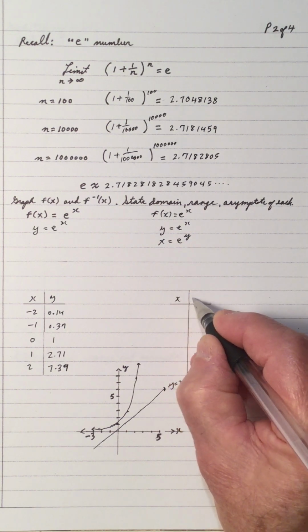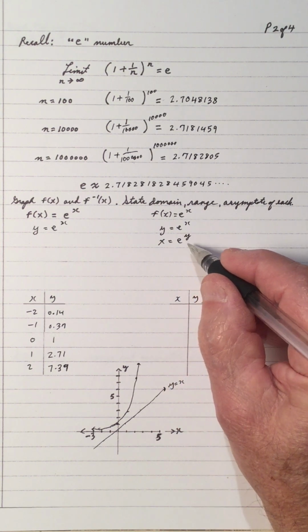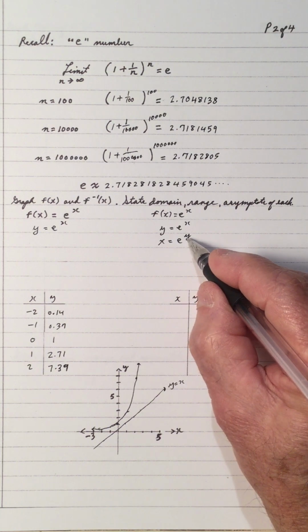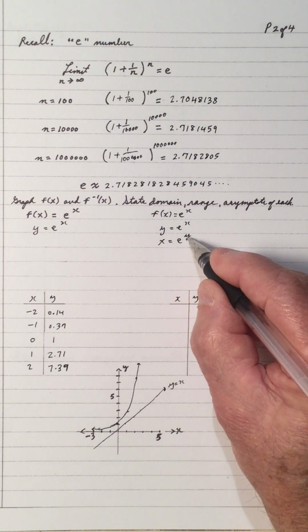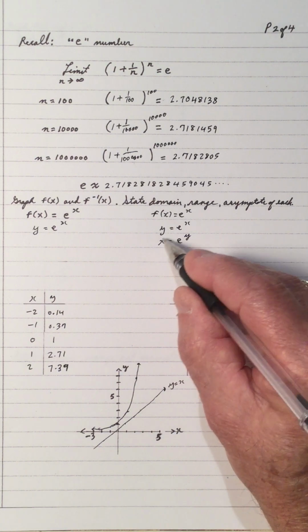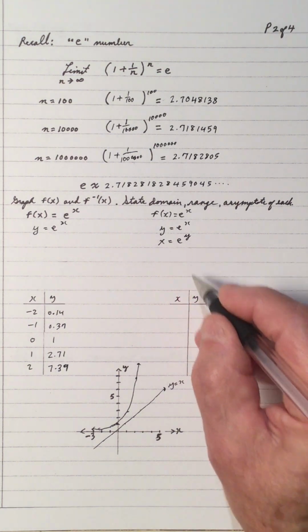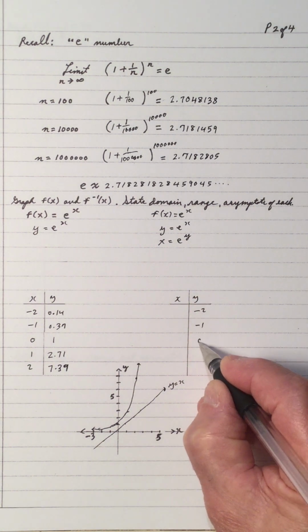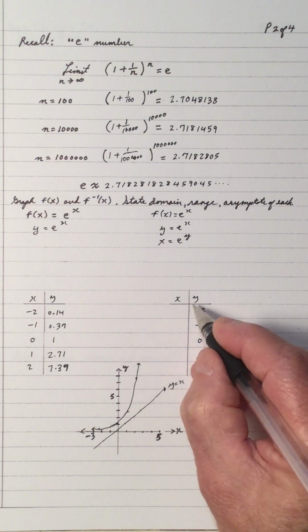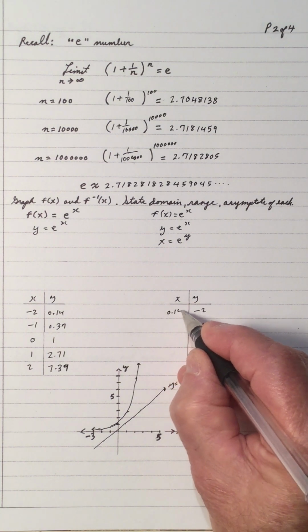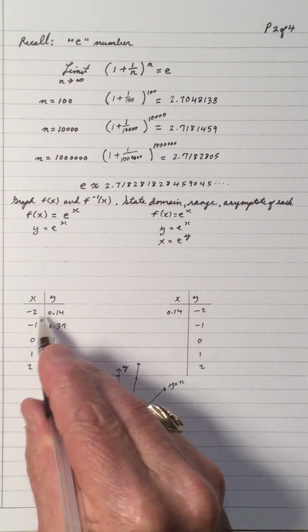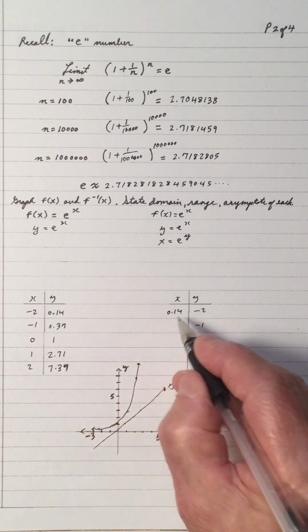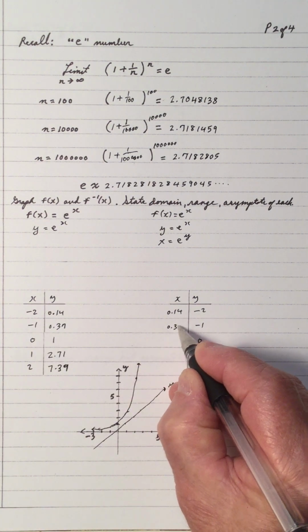Because y is an exponent, it's better to put the values of y into this equation and work out what x is. So y is going to be -2, -1, 0, 1, 2. That gives me 0.1, same as over here. So this table is the same as that table, only they're switched around because of the reflection.